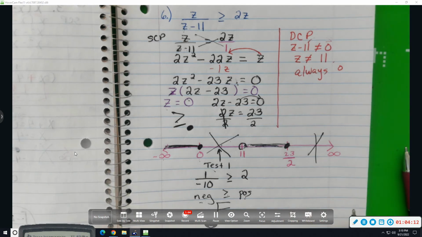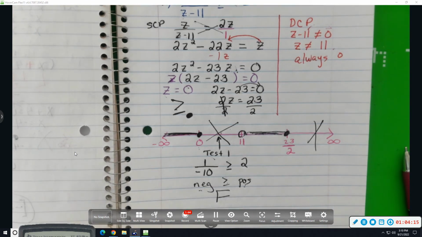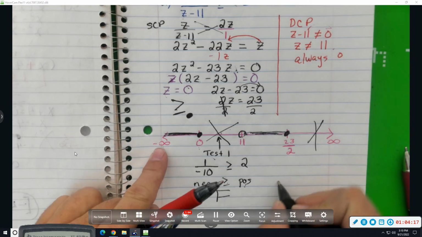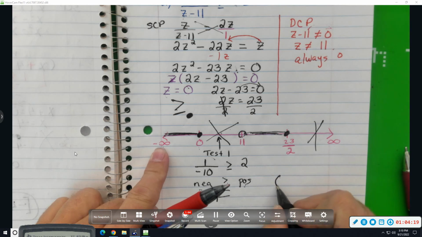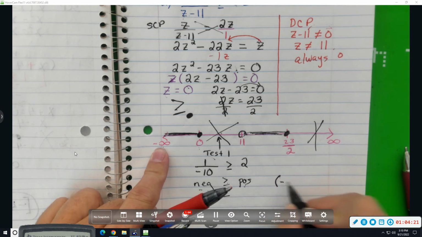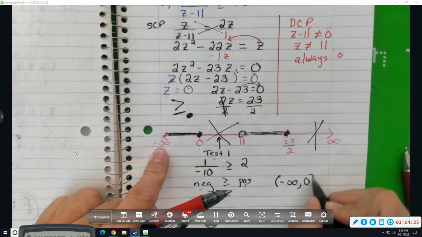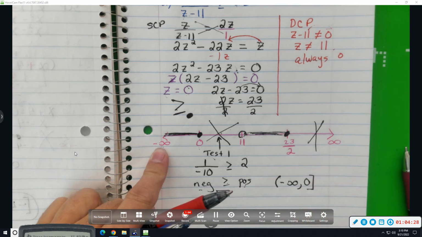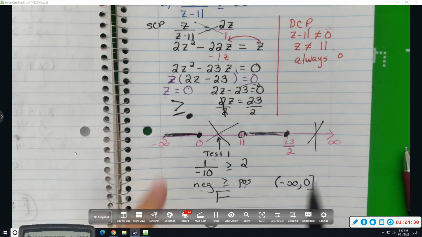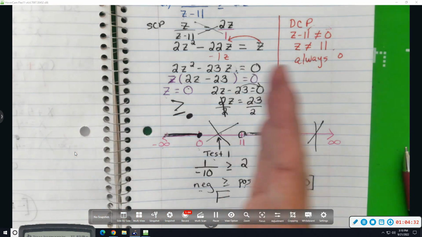So, let me write the answer right here. Put parentheses by an infinity symbol. So parentheses, negative infinity, comma, 0, bracket. Notice when you're writing interval notation, you're going from left to right.